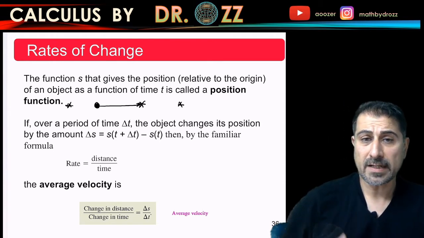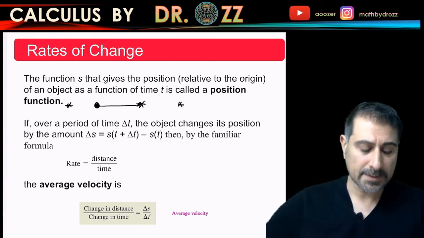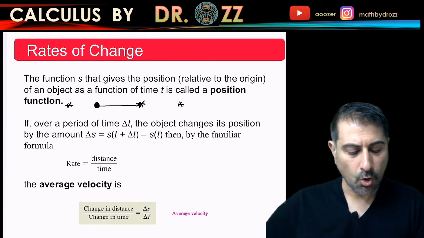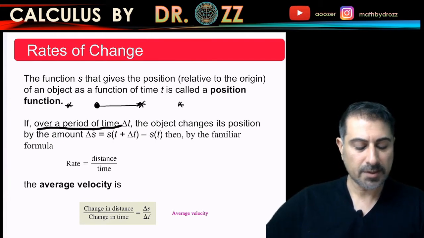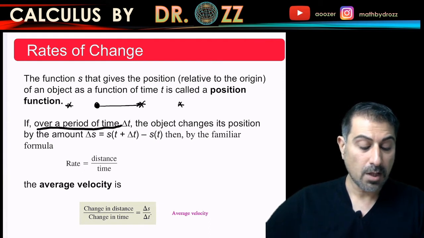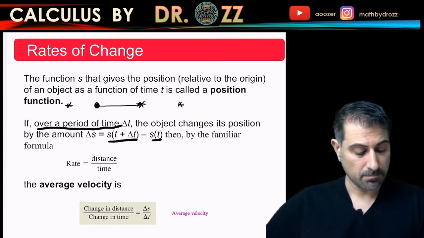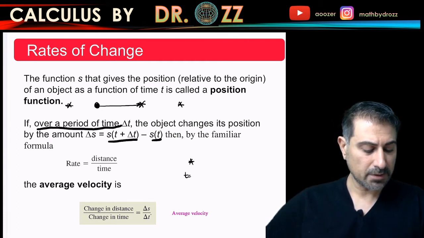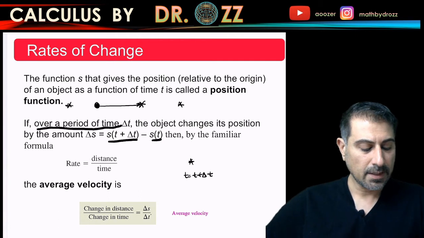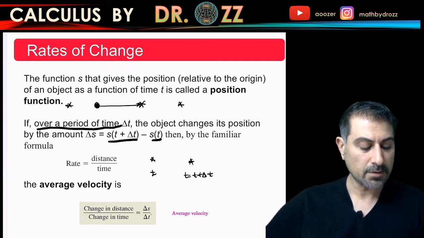Then we can talk about a pre-calculus concept called the average velocity. Let's say over a period of time, the object changes its position from s of t to s of t plus delta t. So let's say you're here at the time moment t plus delta t, and you were here at time t equals t.